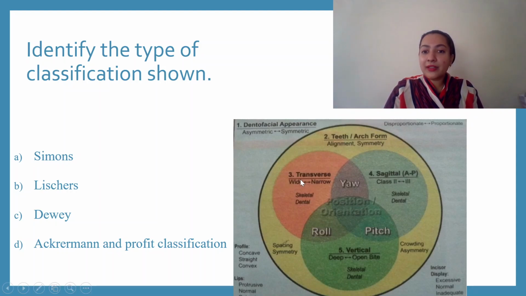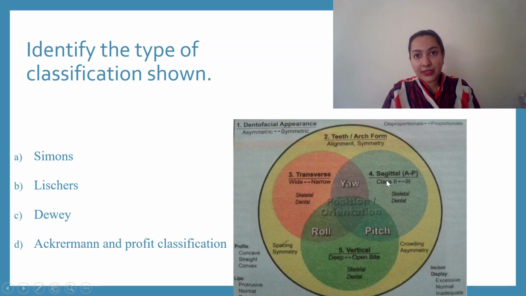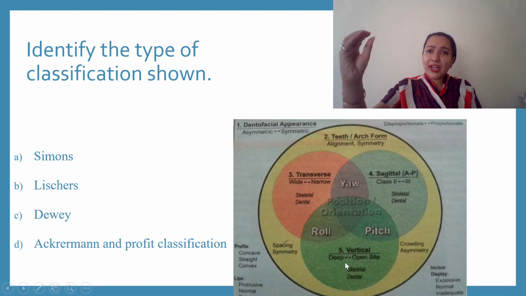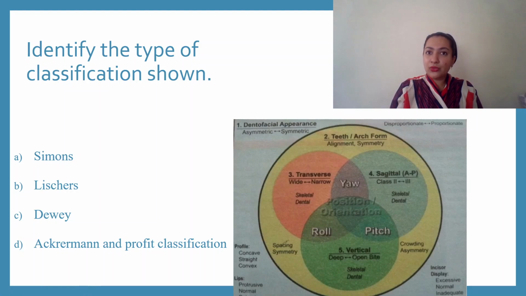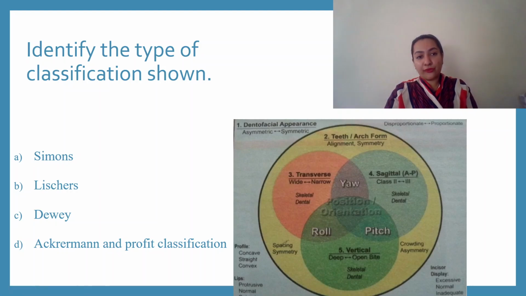From that, whether in transverse direction there is a problem, or there is a problem in sagittal direction or vertical direction. So from a large entity, how they are coming to smaller entities to know where the problem lies. So this is what this diagram represents, and this was given by Ackermann and Proffit, right? So this is the classification given by Ackermann and Proffit.